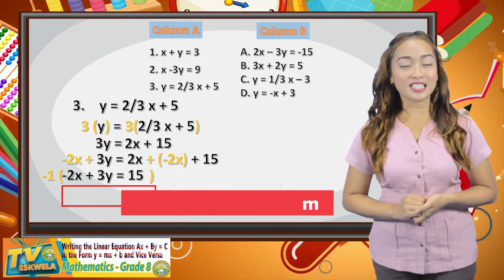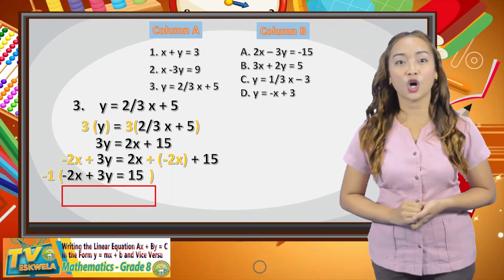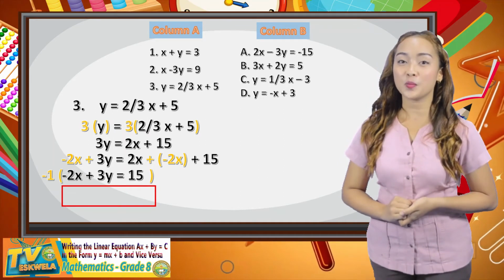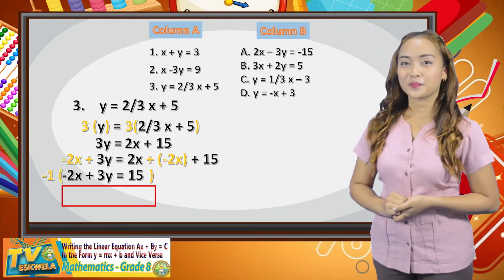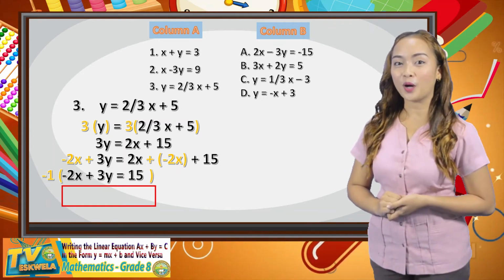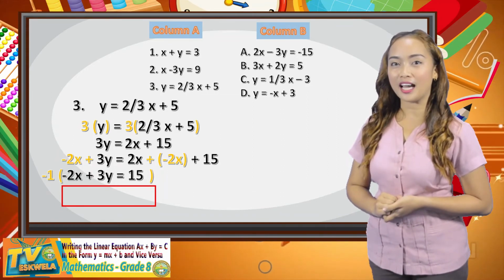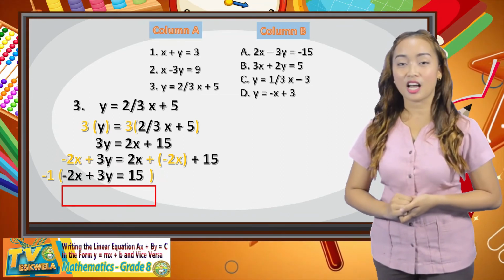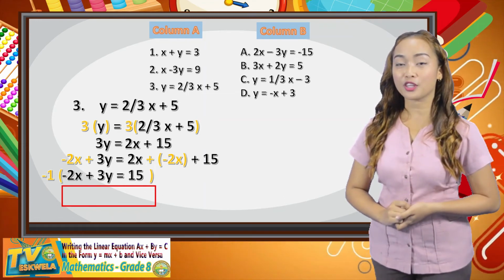Now, since the slope of the equation is a fraction, we'll find ways to make it a whole number to make it easier. By multiplication property of equality, we will multiply both sides by 3, which is the denominator of the fraction.